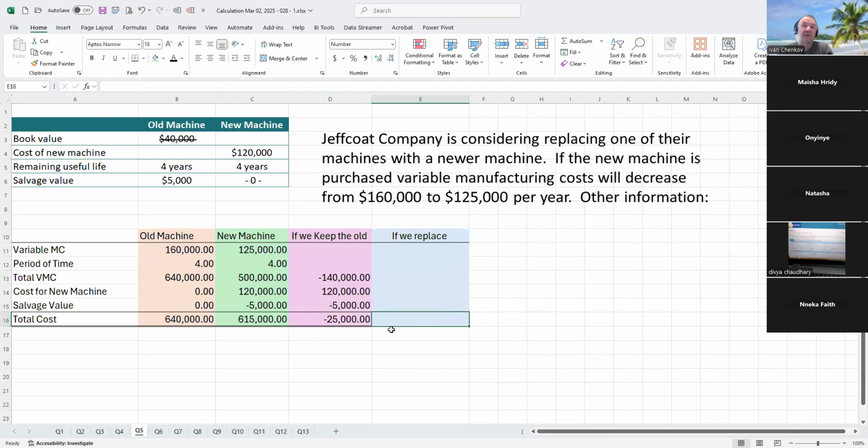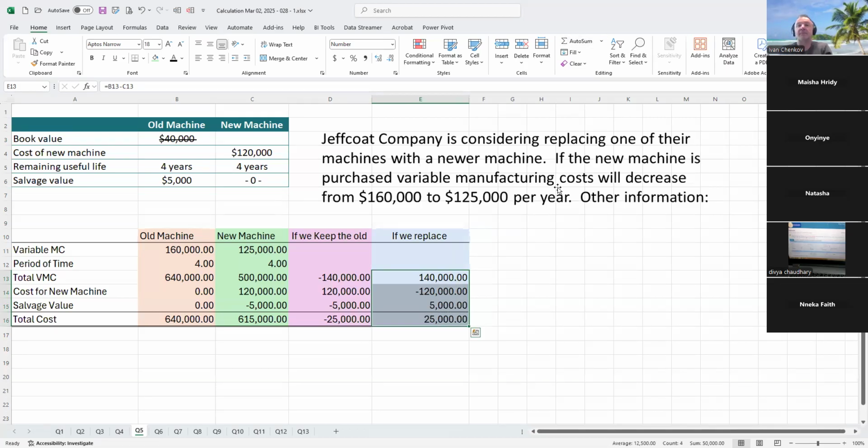Make sense? But if I replace it, what's going to happen now? How much am I going to save on cost? 140. I'm saving on cost. I have to pay for the new machine, but I can sell the old machine for $5,000. So where am I?